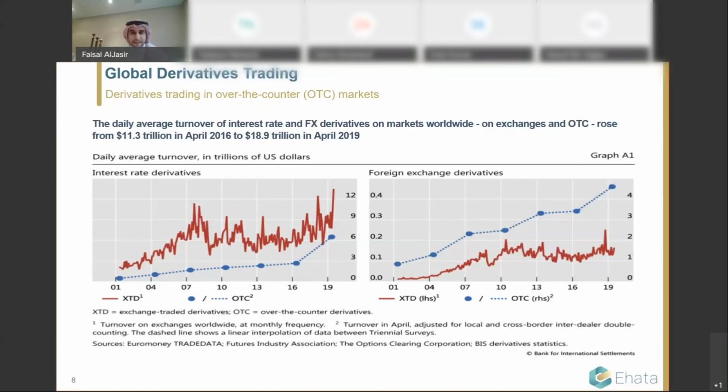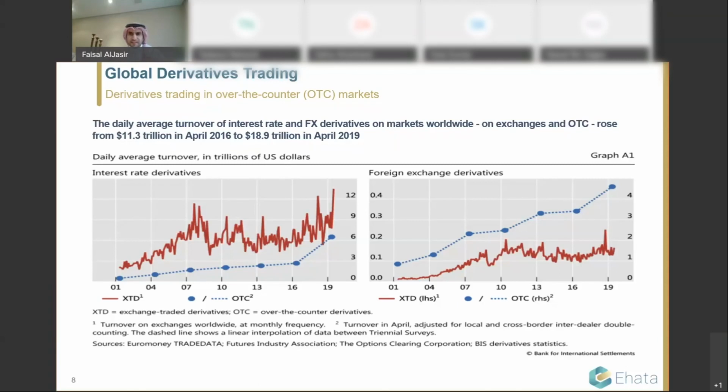And again, in the OTC market, interest rate derivatives are more long-term, customized, and basically swap transactions. So they basically constitute most of the transactions in the OTC.